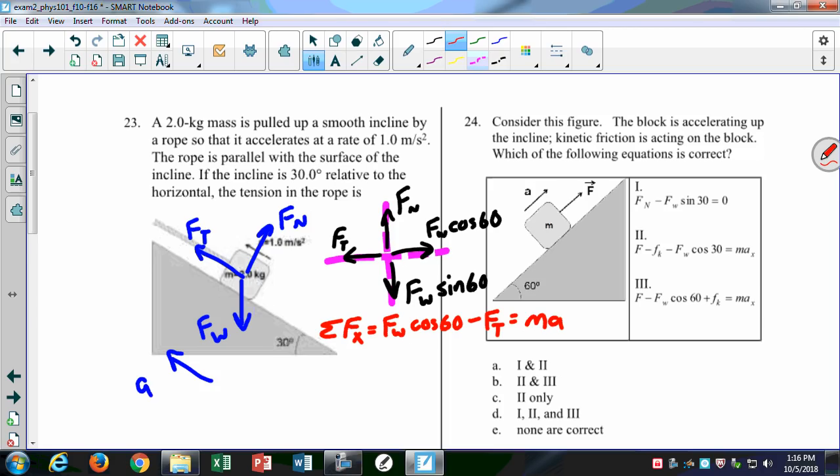Now I'm at step 5. After applying Newton's second law, I solve for Ft. So Ft is equal to Fw cosine 60 minus ma. What was Fw? 20 newtons. That's 2 kilograms times 10 meters per second squared, cosine of 60, minus 2.